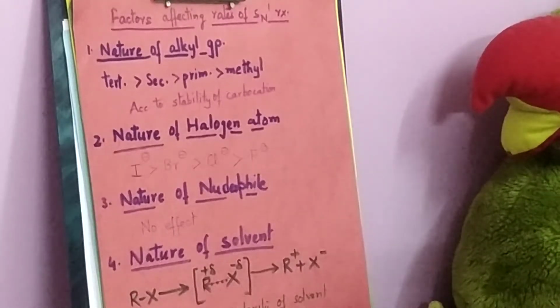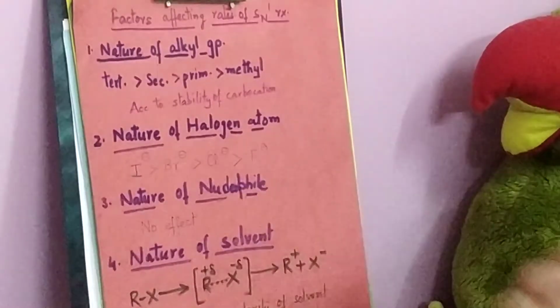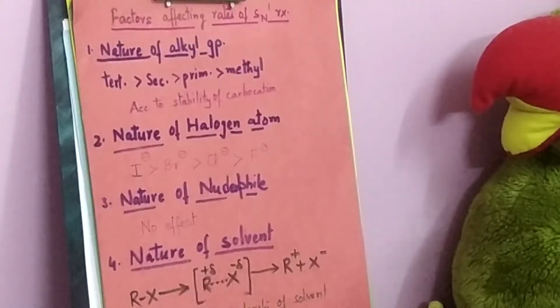So what actually happens is that if you take a tertiary alkyl halide, the reaction usually goes by SN1 mechanism. In fact, I must tell you that if we take a methyl halide, then the reaction would not be very feasible with SN1 mechanism or carbocation formation, and it will prefer to go by SN2 mechanism.